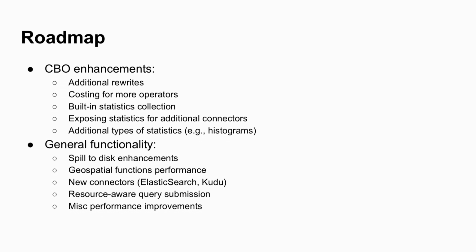New connectors: Elasticsearch, again built by Uber, and Kudu. This is a community contribution as well. So more data sources are coming to Presto, and there are projects around resource-aware query submission and overall performance improvements. There's always something you can improve in the execution engine, in the planning.